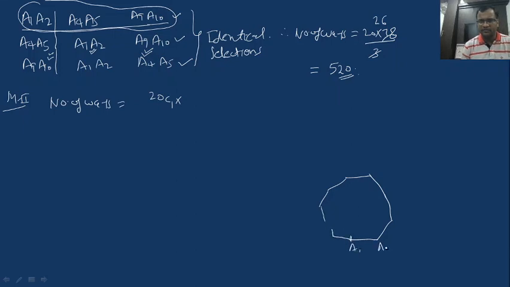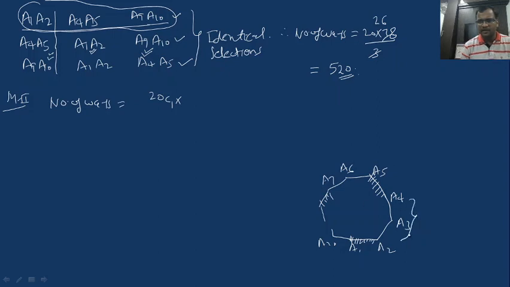Suppose initially we select A1, A2, A3, A4, this one is A5, this one is A6, A7, this one is A20. Suppose we select A1, A2, and out of the remaining we select this side and this one.